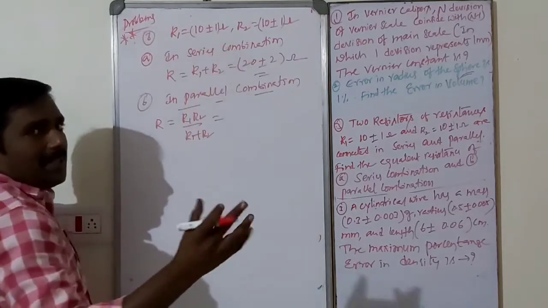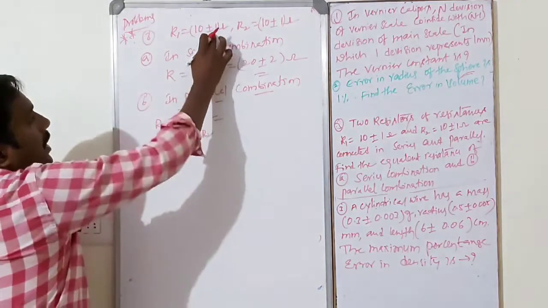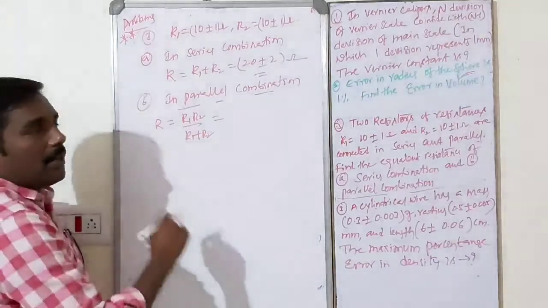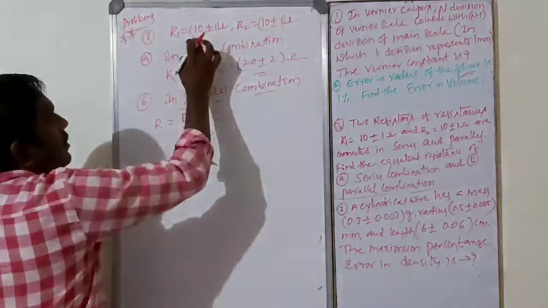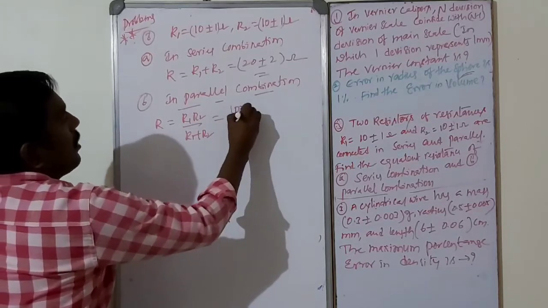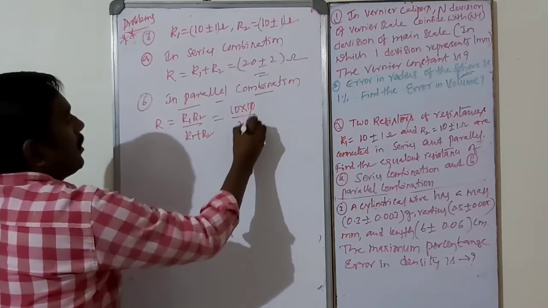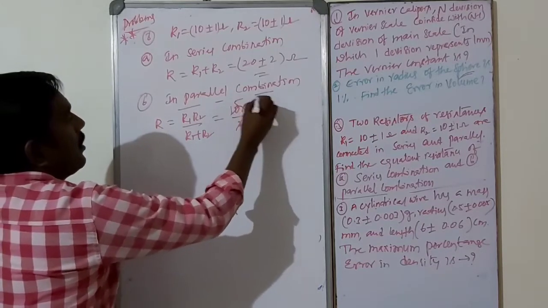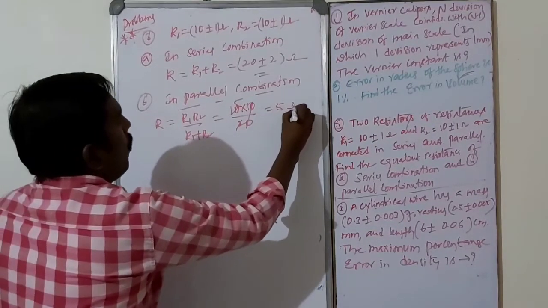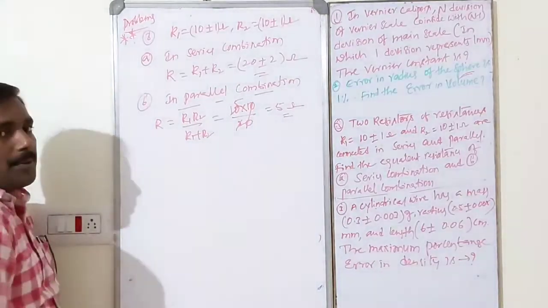I did not consider the errors, I will calculate them later. First I will take only values. R1 value 10, R2 also 10, divided by 10 plus 10, 20. Cancel, 2 ones are 2, 5 2s are 10. So 5 ohm. That is the net resistance in parallel combination.